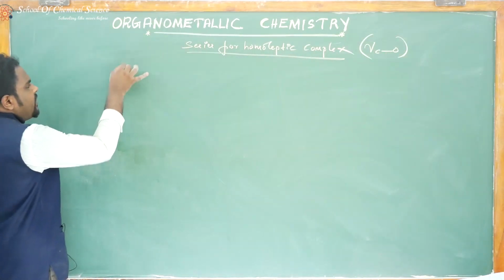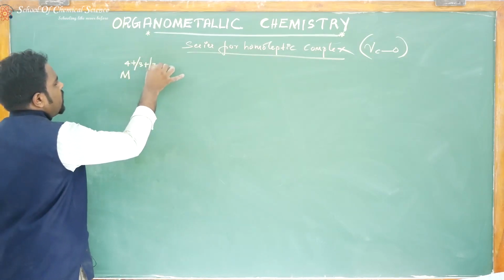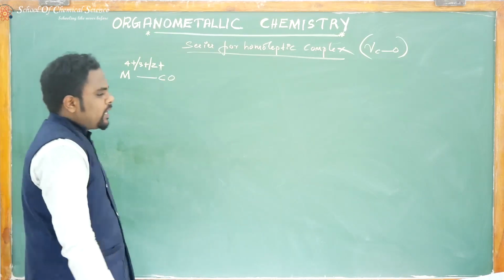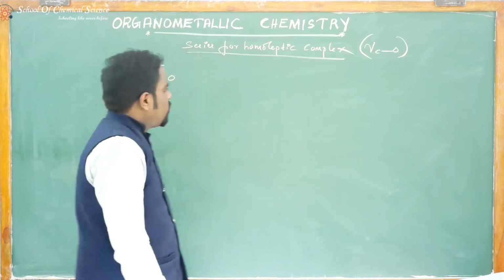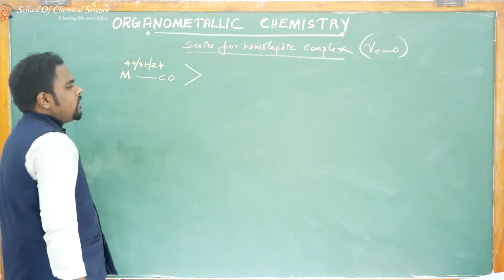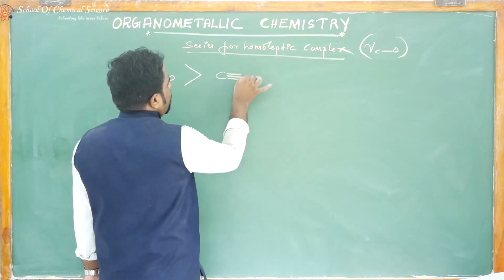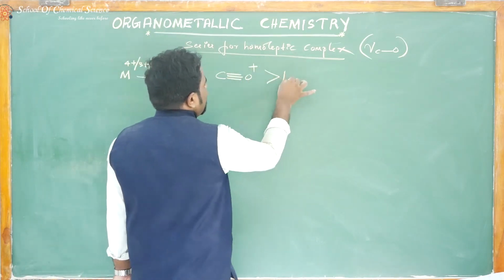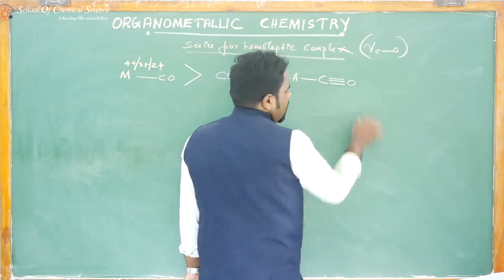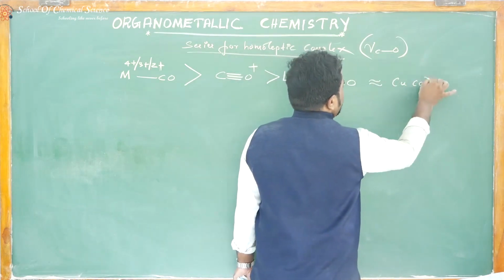A metal having 4 plus charge or 3 plus or 2 plus connected to CO having the highest new CO stretching frequency. Then C triple bond O plus, then a Lewis acid connected to C triple bond O. This is approximately equal to CuCO4 plus.